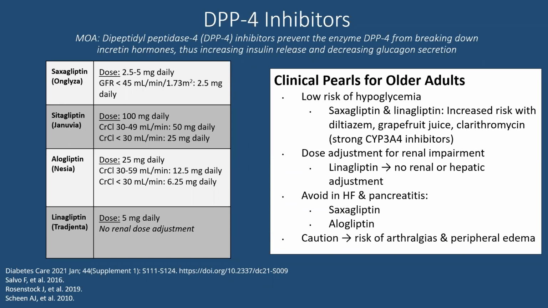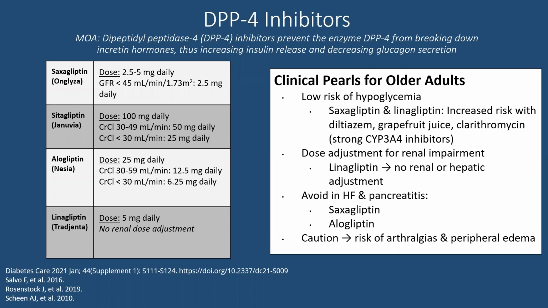Because these drugs work around mealtime, so insulin release is in response to a meal, they're much less likely to cause hypoglycemia. And so that's one of the reasons why they're commonly used in older adults. If you remember the A1C lowering table, they're a little bit less effective than all the others, so they won't be as effective as something like a metformin or an Actos or a glipizide, but they can help in management of diabetes.